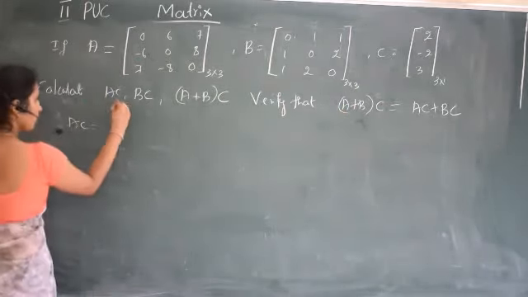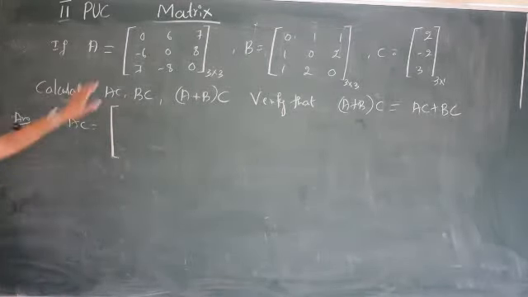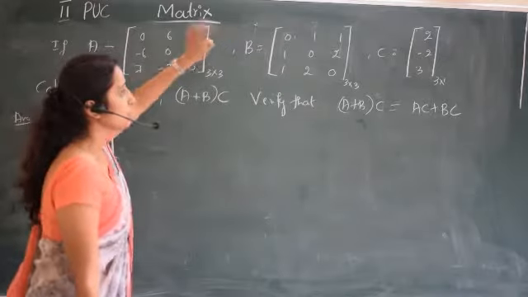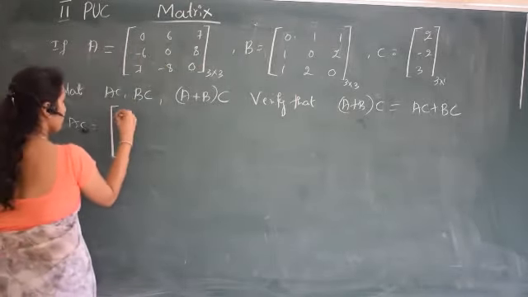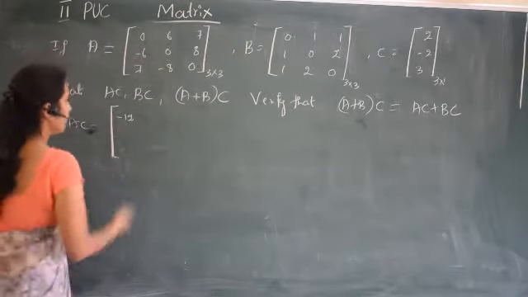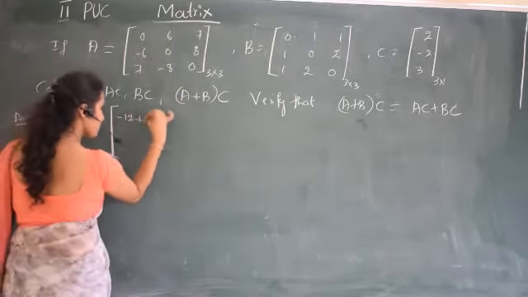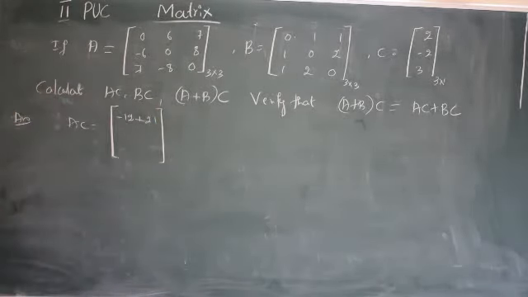First row: 0 into 2 is 0, 6 into minus 2 is minus 12, 7 into 3 is 21. So we are getting a 3 by 1 matrix.